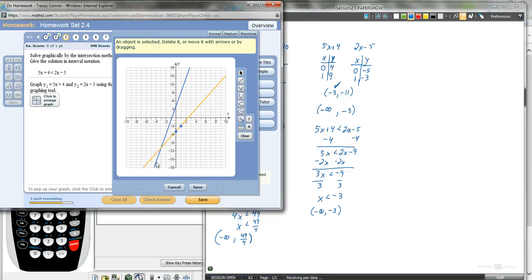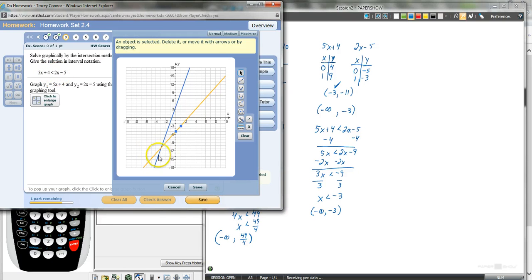Again, what the intersection method says is take the expression on the left and graph it, take the expression on the right and graph it, look for the intersection, and then we're looking for when this line, which is y1, is under the line for y2.